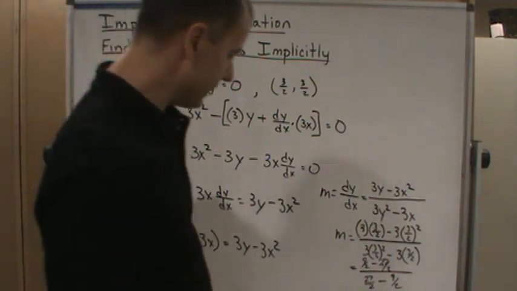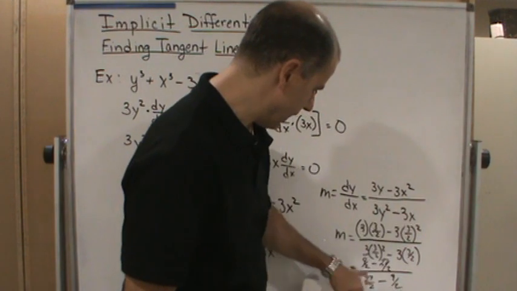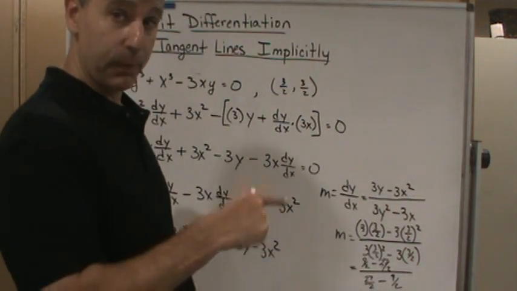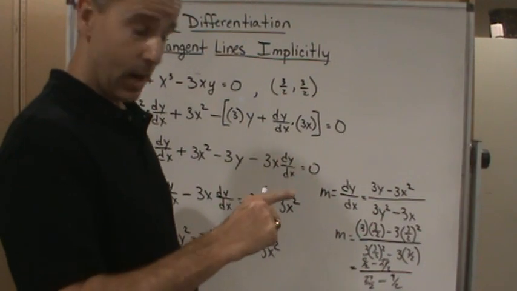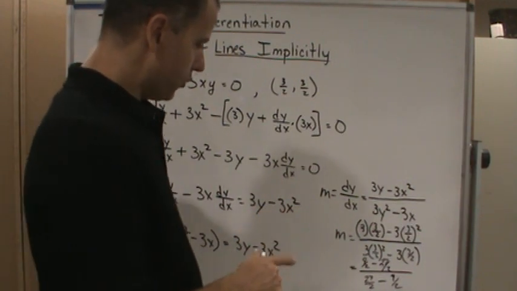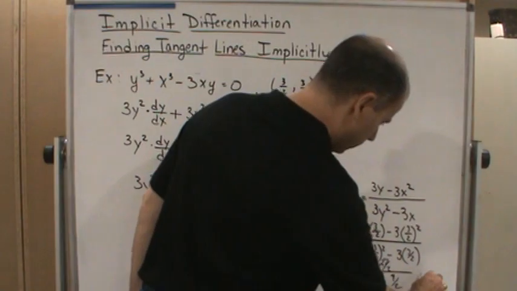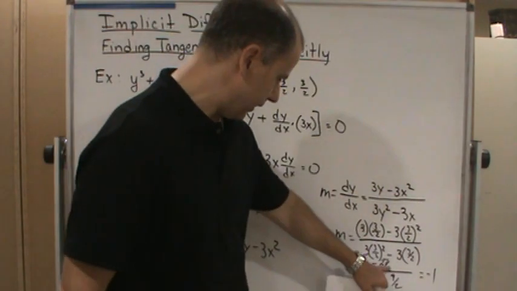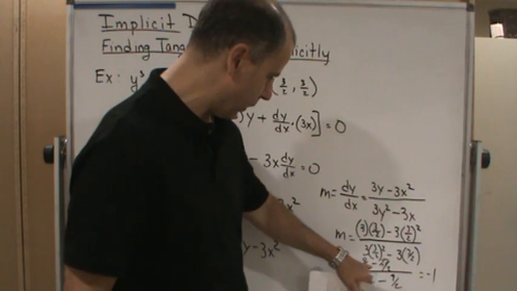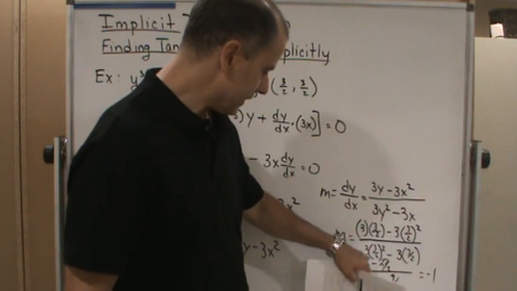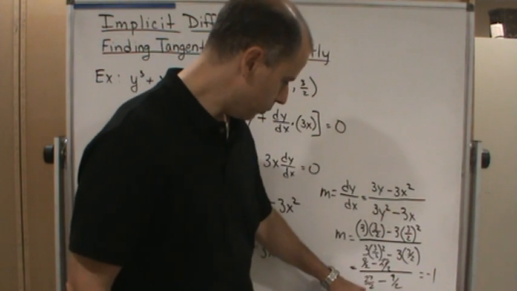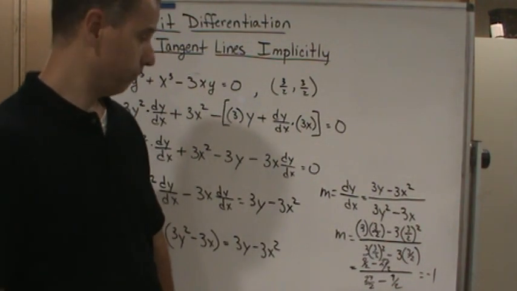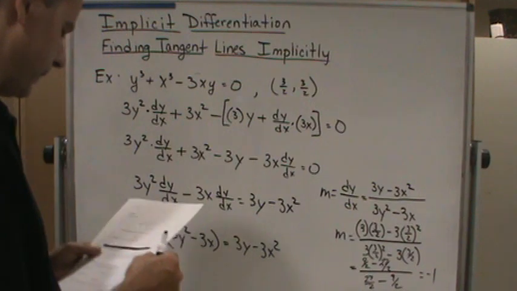Now the cool thing is if I factor out a negative from either the top or the bottom, it's going to flip the order of the subtraction. So the interesting thing is this is going to give me a -1. Because if I factor out a -1 on the top, I'm going to get 27 halves minus 9 halves on top, which is the same as what I get in the bottom. So I'm going to get -1. So the slope turns out to be -1.